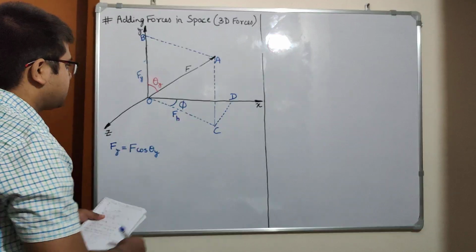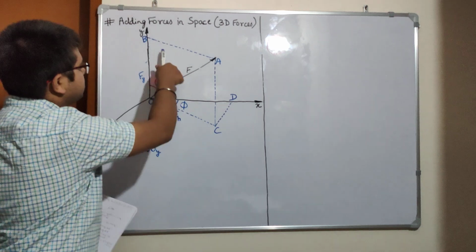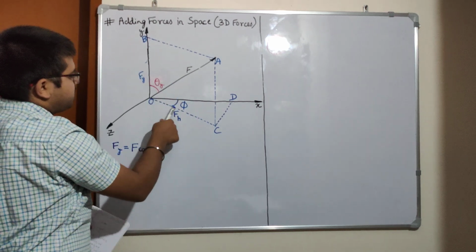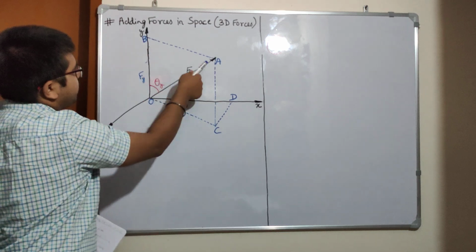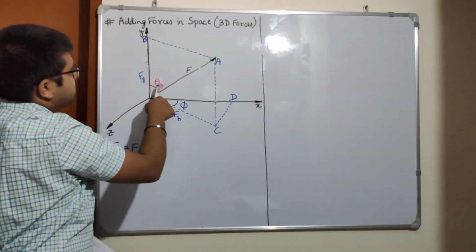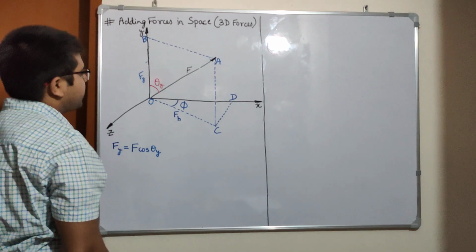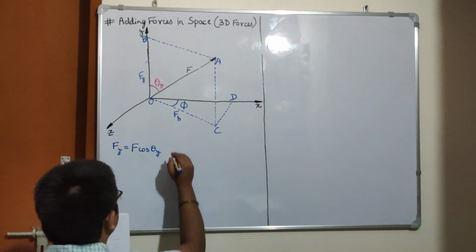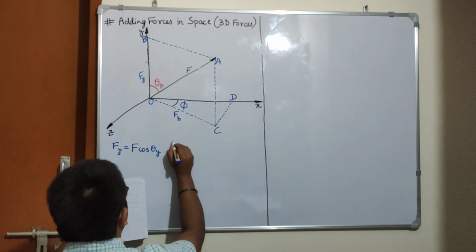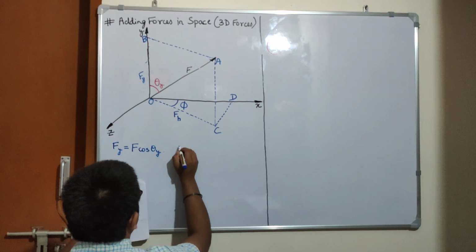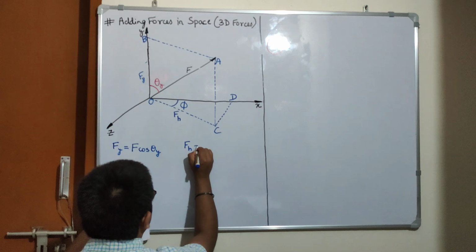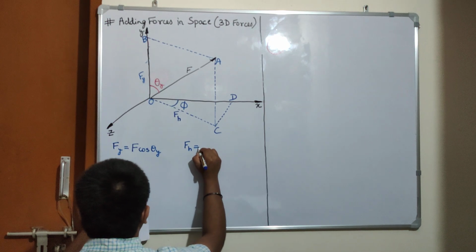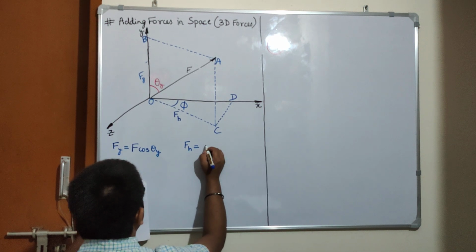And Fh is this, that is OC, that will be equal to AB, and AB is equal to F sine theta y. So Fh is equal to F sine theta y.